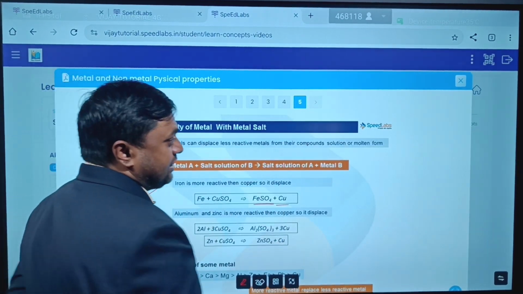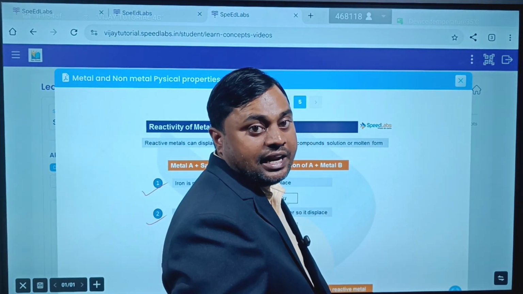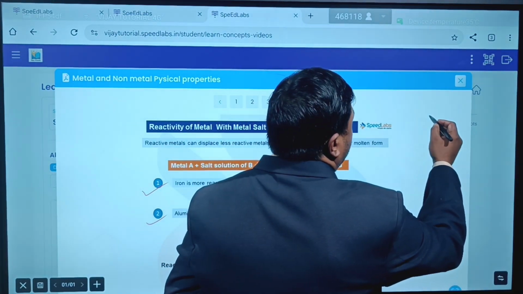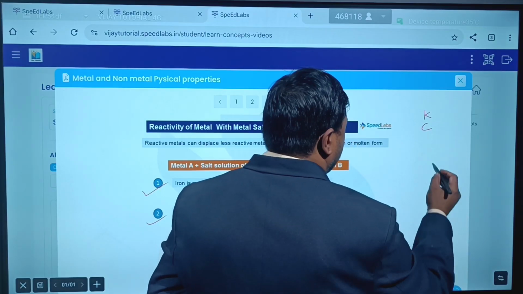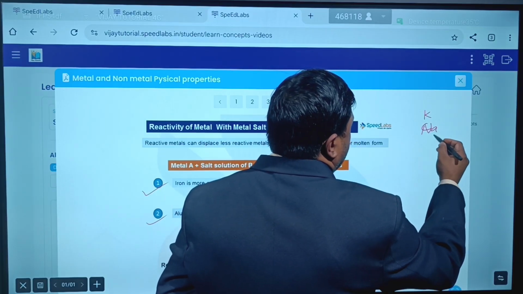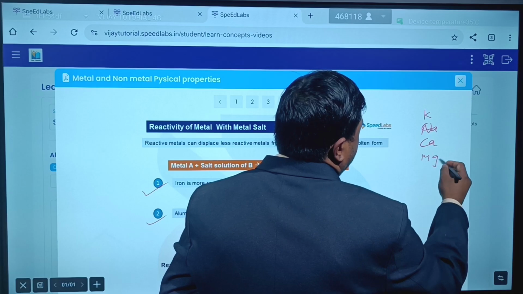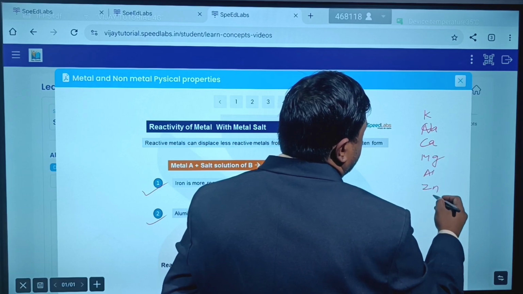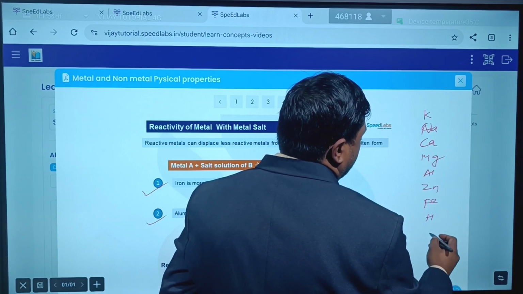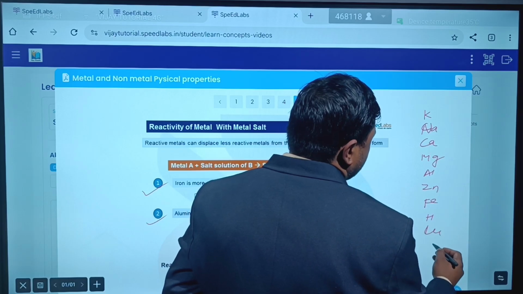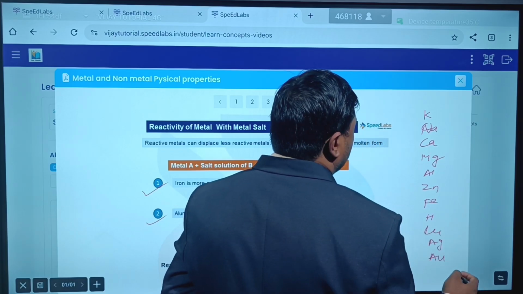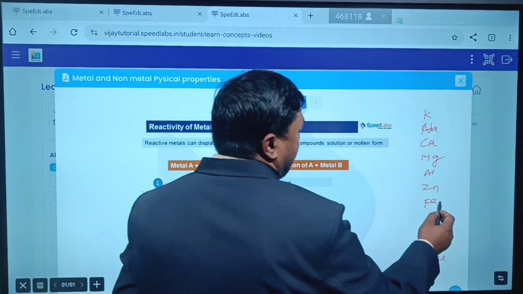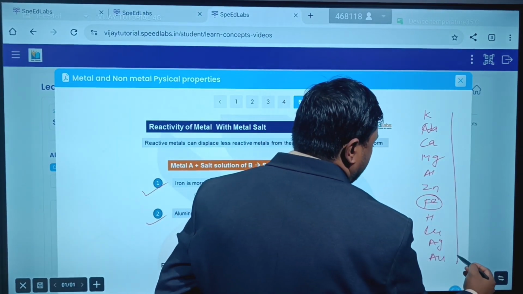We have a reactivity series in which elements are arranged in decreasing order of reactivity: potassium is most reactive, then sodium, calcium, magnesium, aluminium, zinc, iron, hydrogen, copper, then silver, then gold. Those elements which are more reactive can displace the elements which are less reactive.